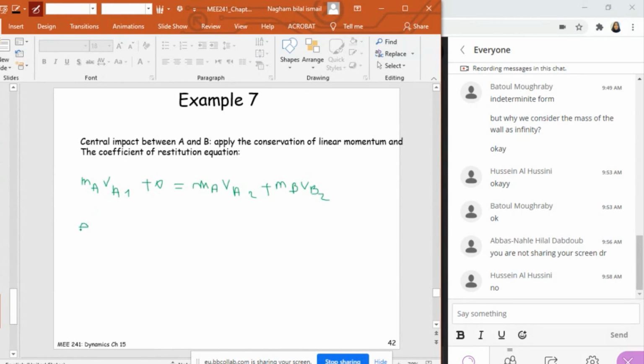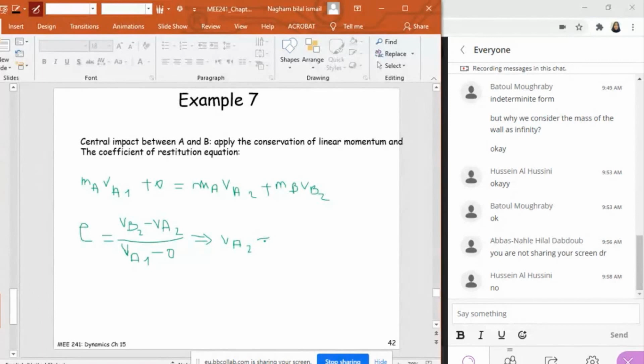Now, the coefficient of restitution is given as E, then this will be equal to VA1 minus VB1, but VB1 is 0. Right? So from the coefficient of restitution, in fact, I can find VA2 because the question is to find VB2.